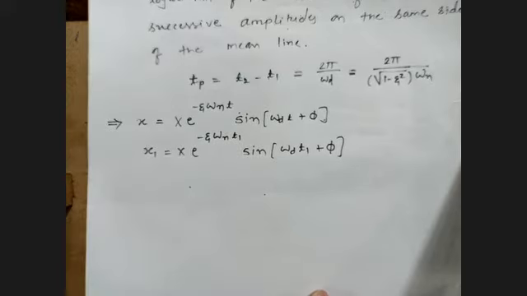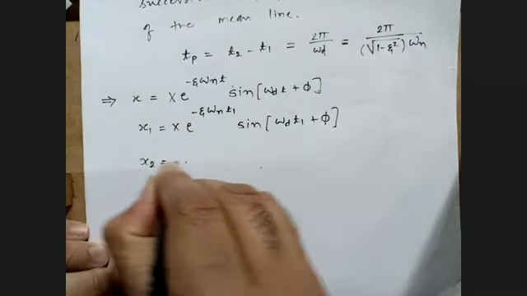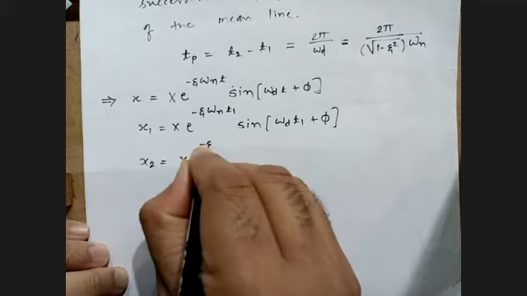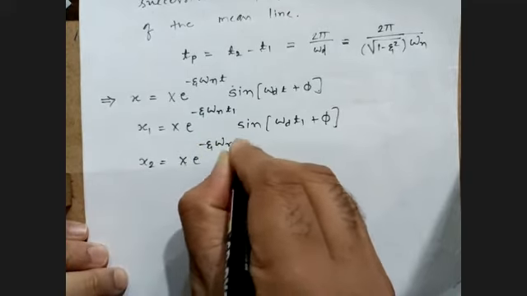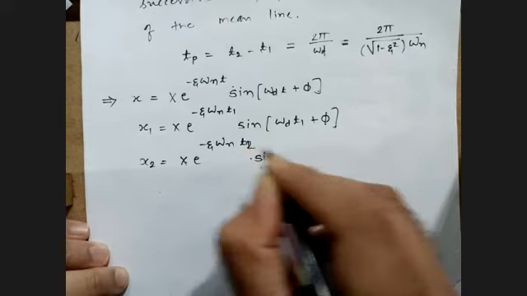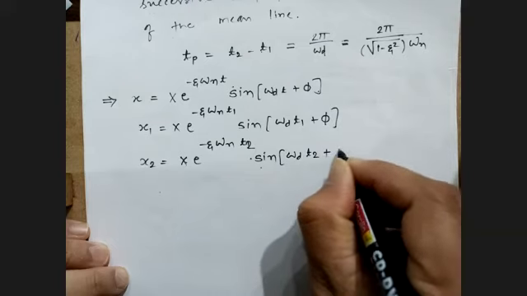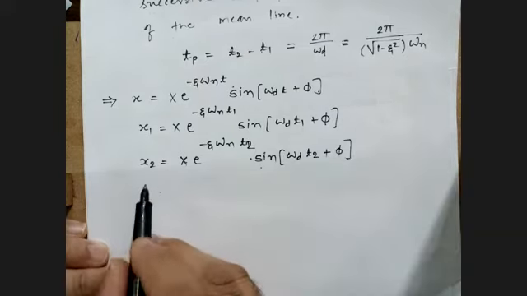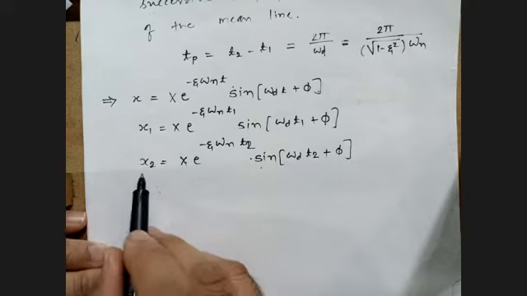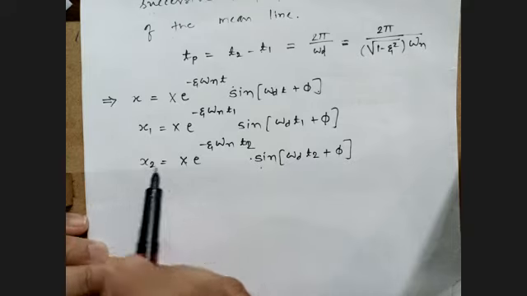Same way, you may also get the equation of x2. What is the x2 here? Same way, get the equation for x2, capital X e to the power of minus zeta omega n, sorry, t2 into sine omega d t2 plus phi, because now we are finding the displacement after the time t2, that is your x2. Fine. So these are x1 and x2.